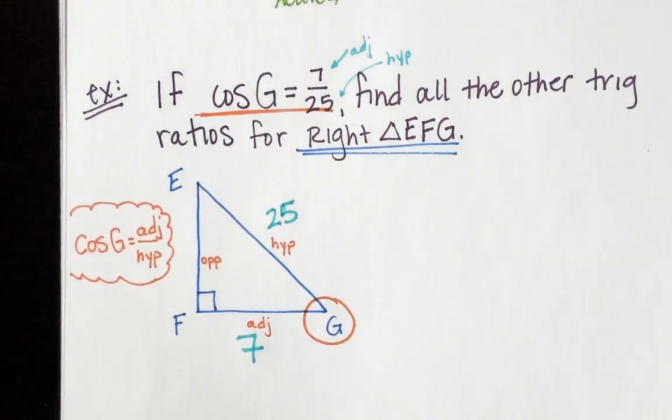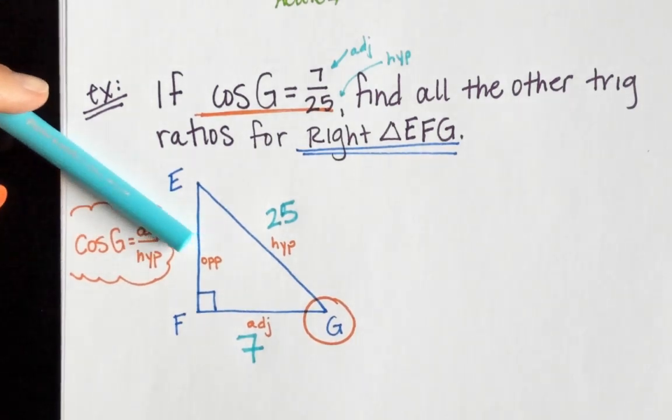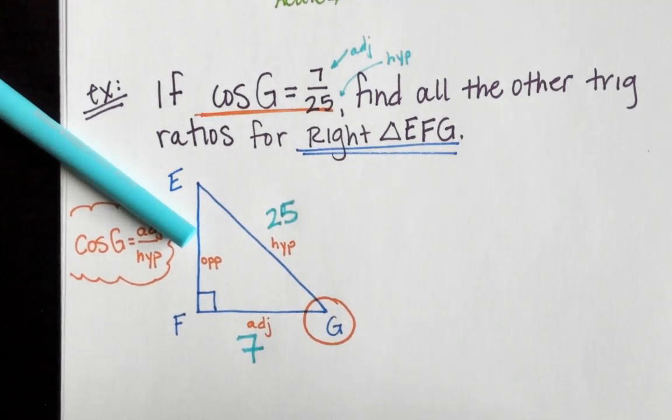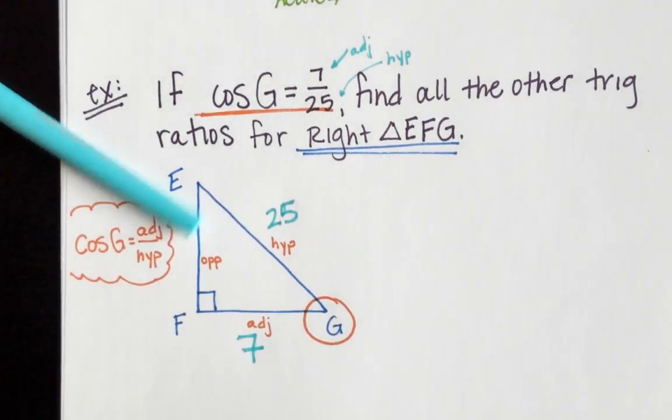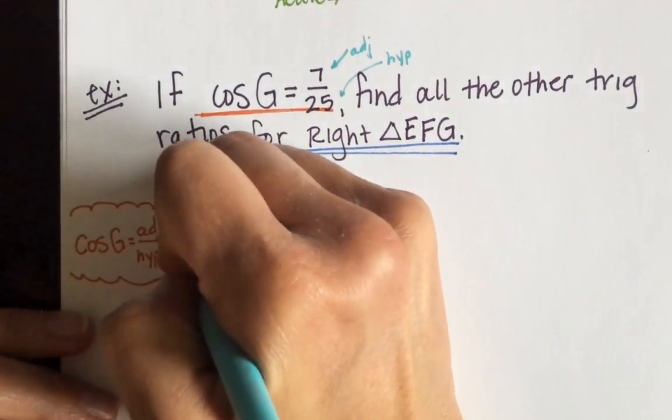Now it's a right triangle, so does anybody want to take a guess as to what EF should be? Yep, bravo. It is a Pythagorean triple, so we want to put 24 right here.